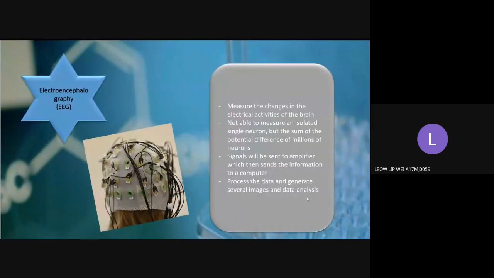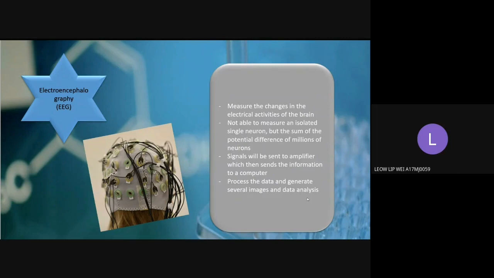So how does an EEG work? In order to perform EEG tests, electrodes are placed all over the head, so they can measure the changes in the electrical activities of the brain.